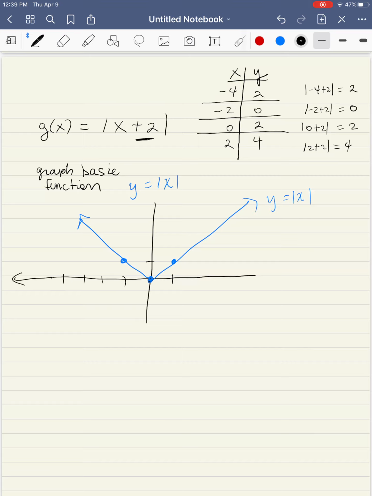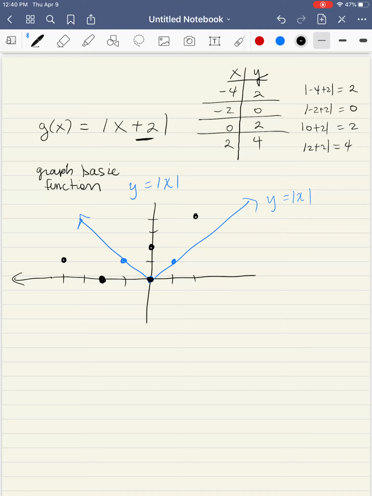So if I plot those points, negative 4, 2, negative 2, 0, 0, 2, and 2, 4.